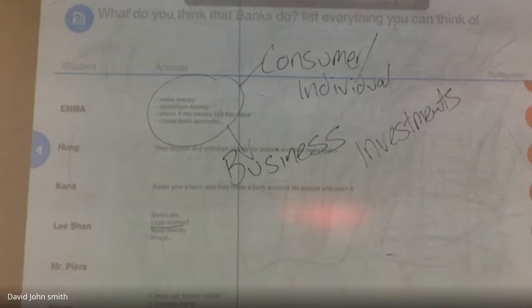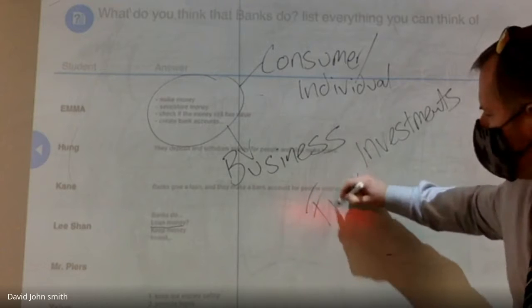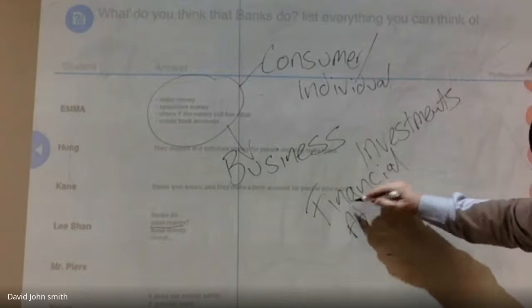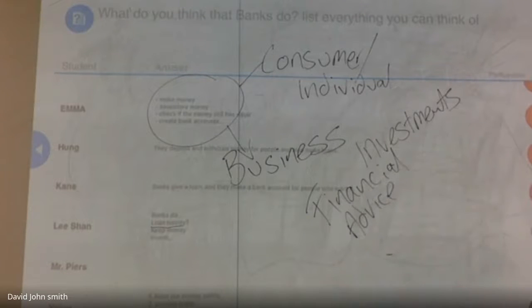They can also offer financial advice. You can go and talk to them about, oh, I've got all this money, we don't know what to do with it. What would be the best thing to do? The peers will be very familiar with that idea, going into the bank saying, we've got all this money, what do we do?